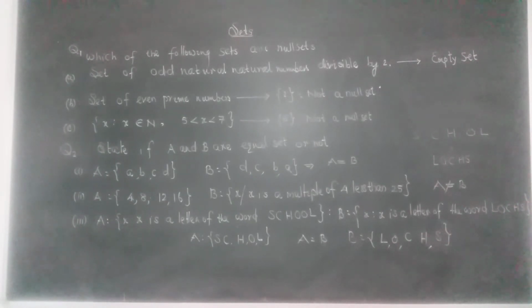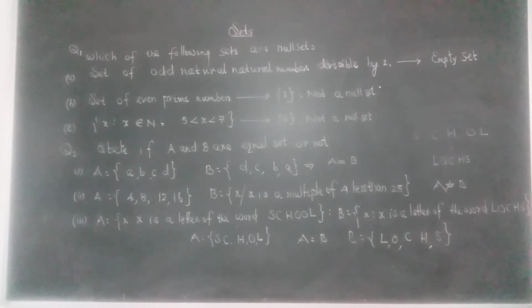The first example: set of odd natural numbers divisible by 2. Check whether this is an empty set or not. For this purpose, you need to read the question well. We have to select all the odd natural numbers. Odd natural numbers will be 1, 3, 5, 7, 11 and so on.